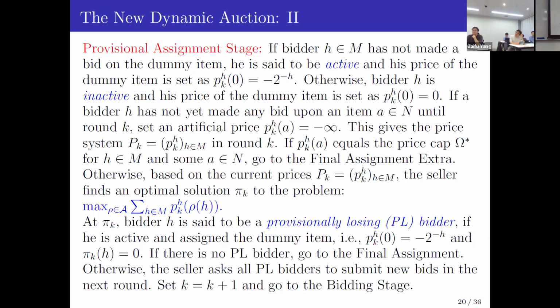Otherwise, if this is not the case, then the seller or the auctioneer will just choose a set of bids which maximize the seller's revenue.